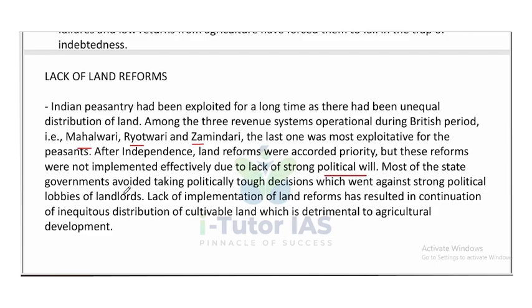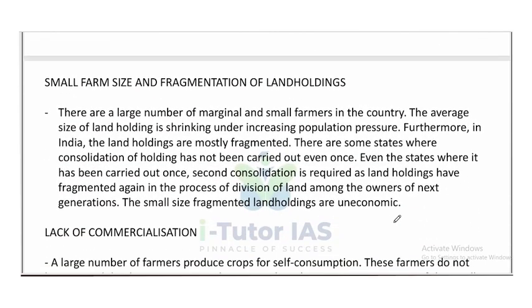Most of the states' governments avoided taking political risks through decisions which went against strong political lobbies of landlords. Lack of implementation of land reforms has resulted in the continuation of inadequate distribution of cultivable land, which is a hindrance in agriculture development.